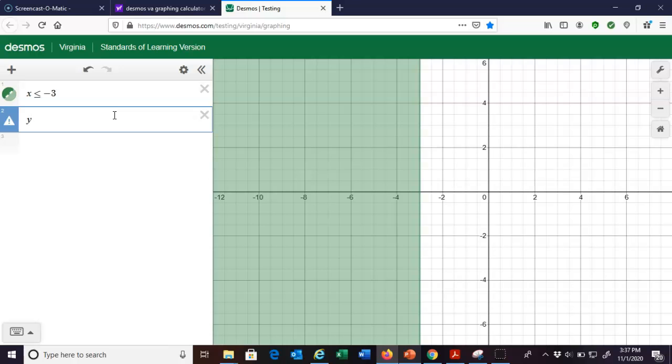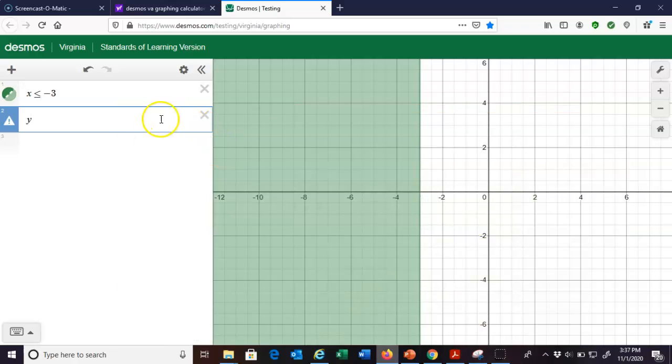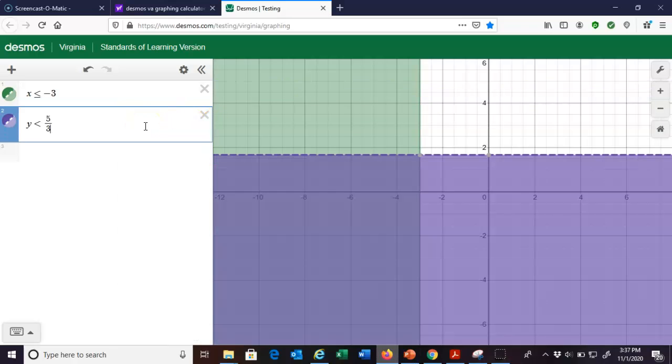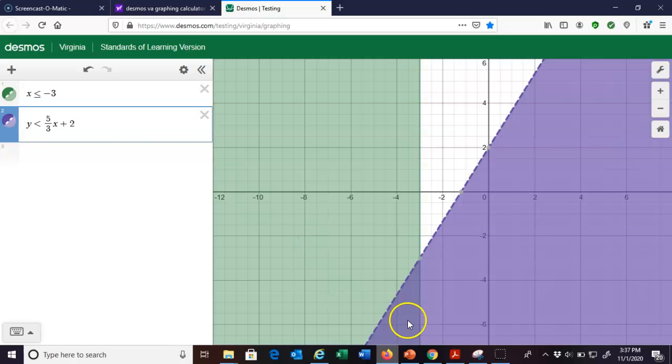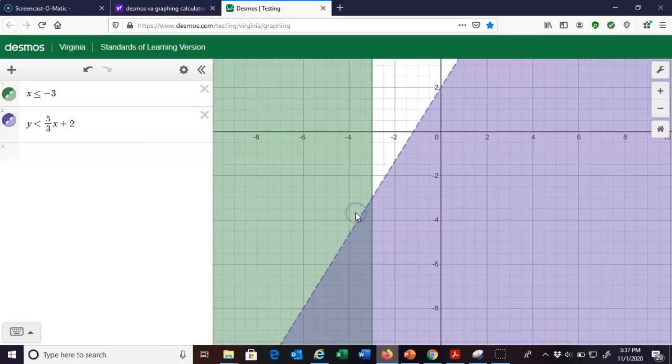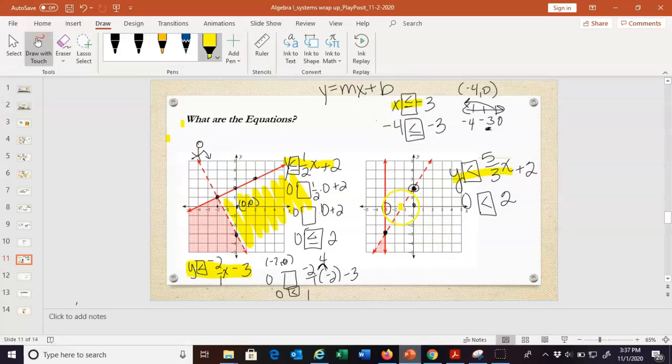Y is less than 5/3 x plus 2. There we go. And it's dotted, and the answer is going to be this triangular region down here at -3, 3. That's pretty cool that it tells you that. -3, 3. There it is. It does, in fact, match up with our picture.